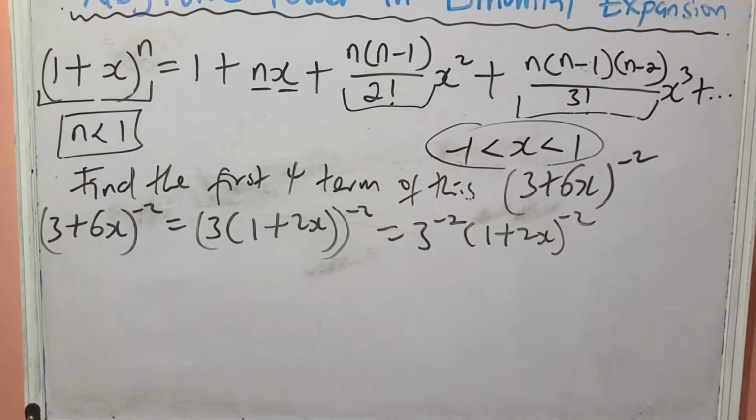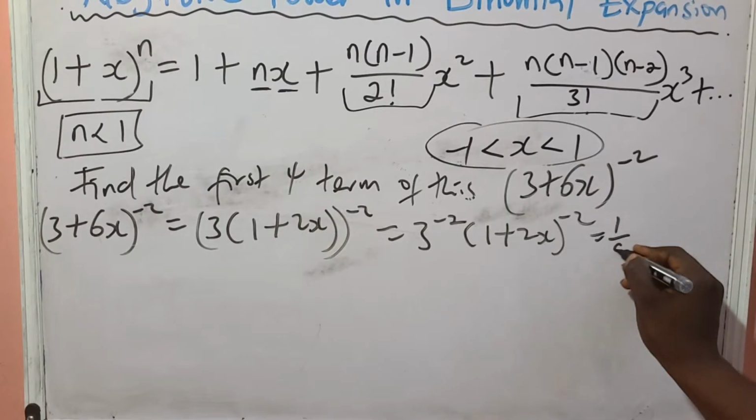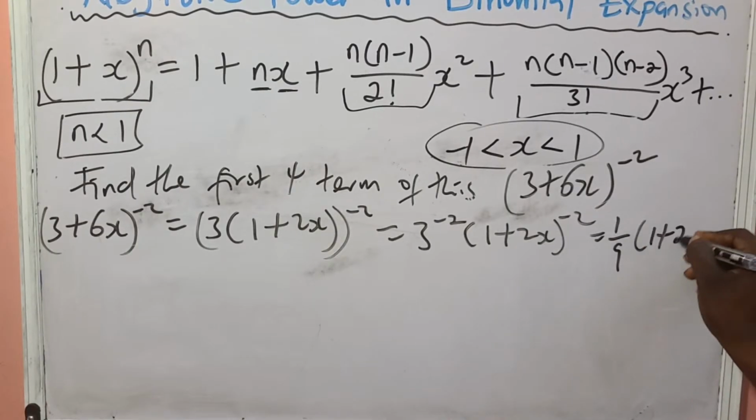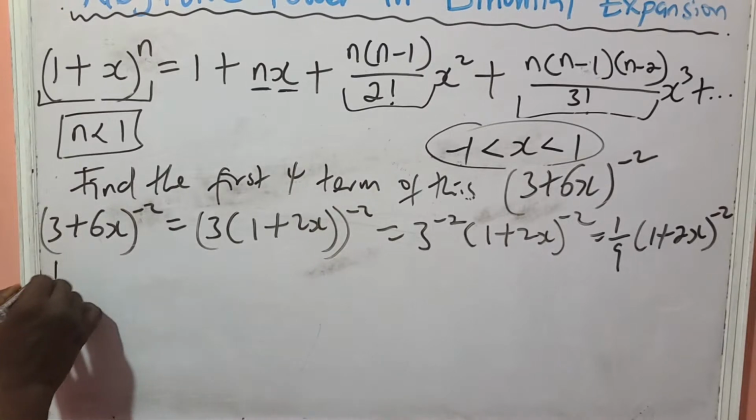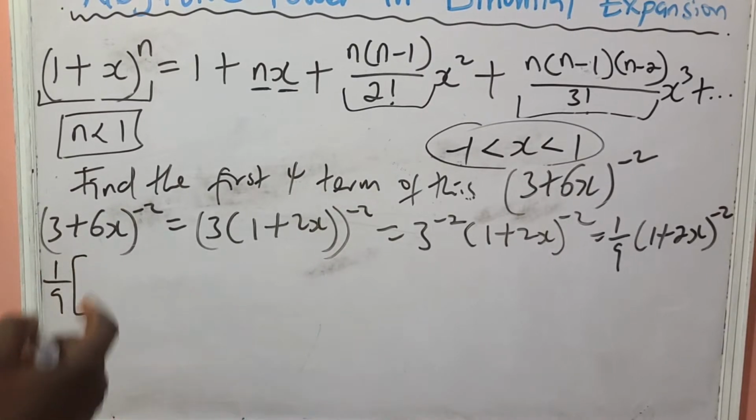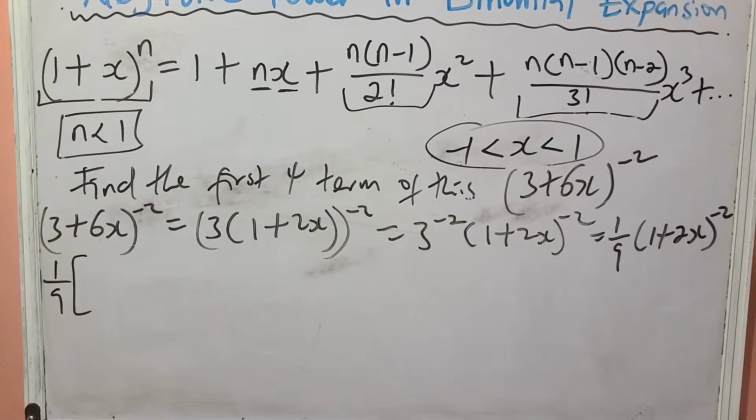So this will obviously be 1 over 9, then 1 plus 2x raised to the power minus 2. All right, good. Now, what do we do? We obviously have to bring out our 1 over 9 and lay a big bracket, which will contain 1 plus 2x raised to the power minus 2.